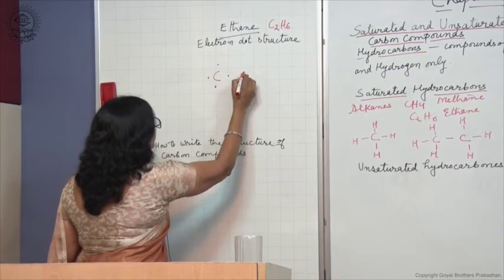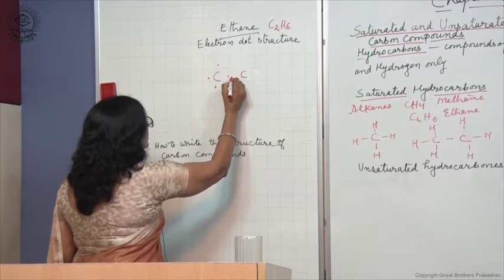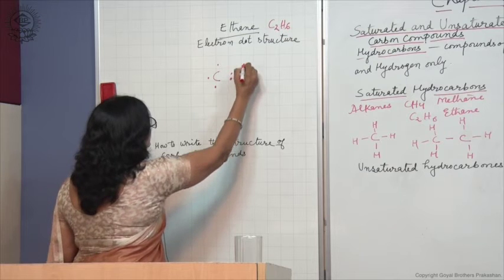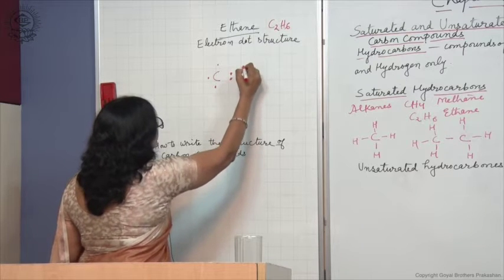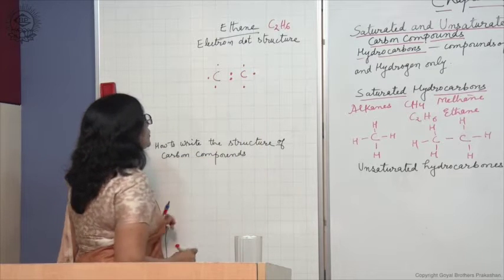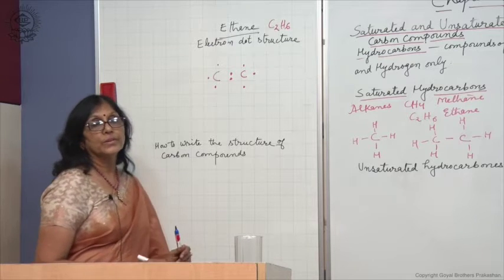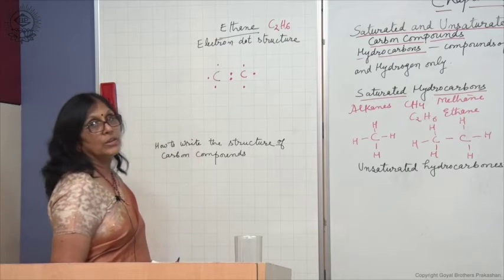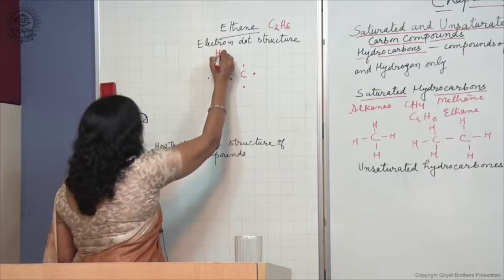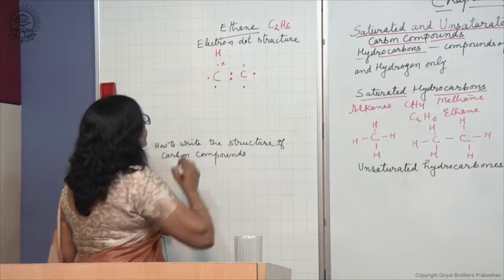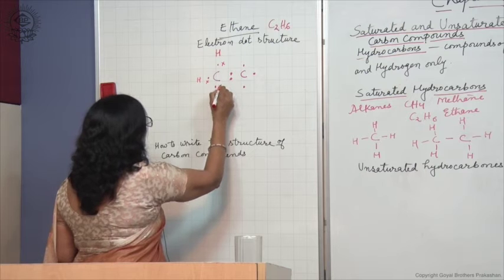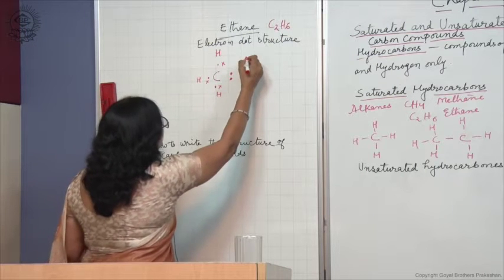We can make it a little closer. And between the 2 carbon atoms, we can make this shared pair of electrons. These dots indicate the 4 electrons of each carbon atom. The valency electrons of hydrogen are shown with crosses, just for the sake of distinction.